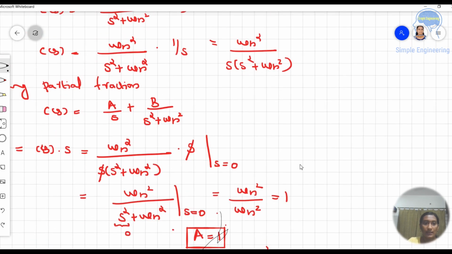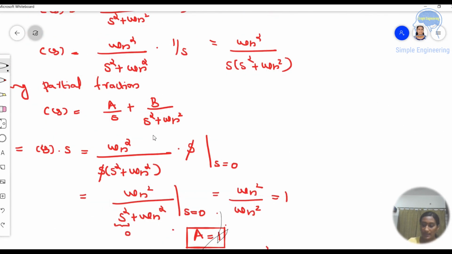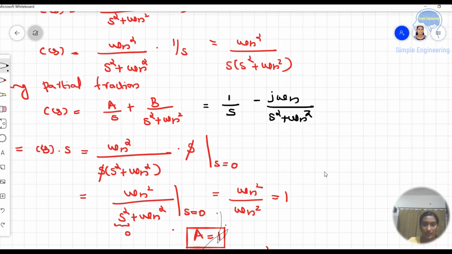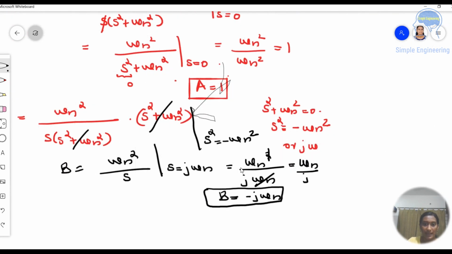So here C(S) = A/S, where A is 1, so 1/S, and B is minus j omega n over (S square + omega n square). This will be the transfer function. This j omega n means it is our S, since we have already done S equal to j omega n.